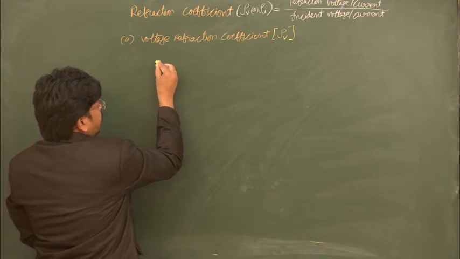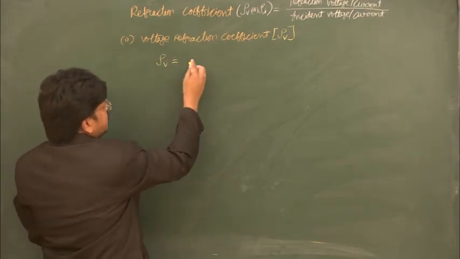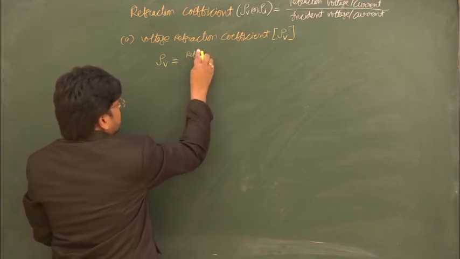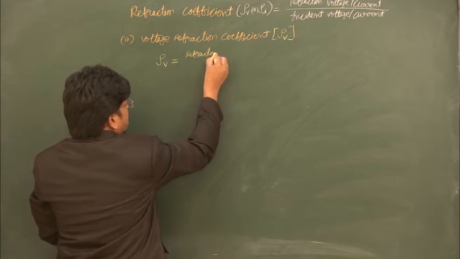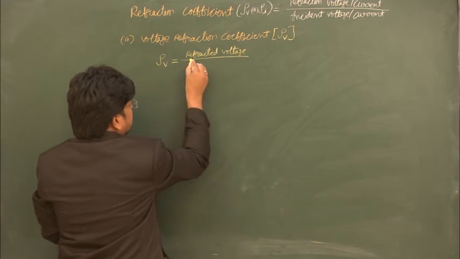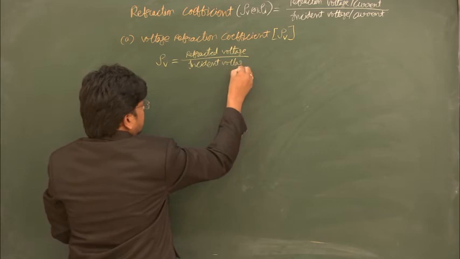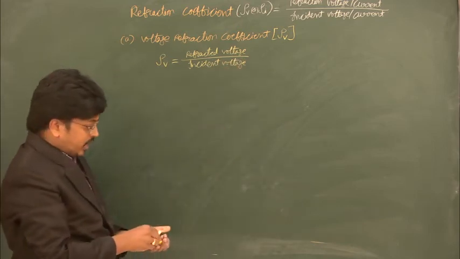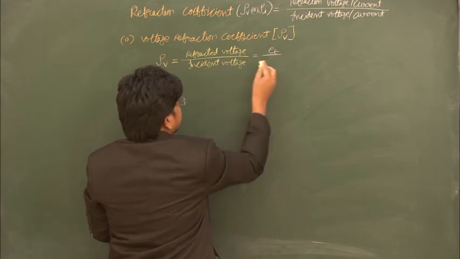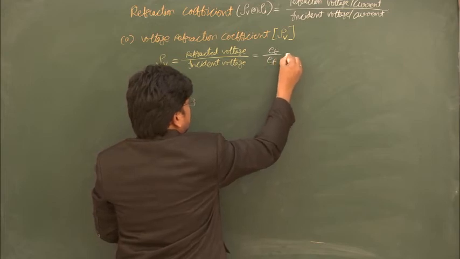As you know, the voltage refraction coefficient is defined as the refracted voltage to the incident voltage. The refracted voltage is nothing but the transmitted voltage ET, and the incident voltage is EF.